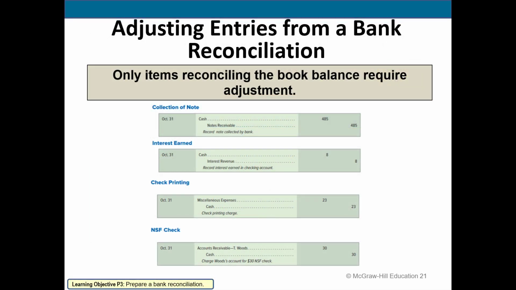These are the journal entries. So we had collection of a note, collection of interest, the check printing charge, and our non-sufficient funds check. We need to put it back in accounts receivable because they do owe us again. And the other half of each of these journal entries will be to the cash account.